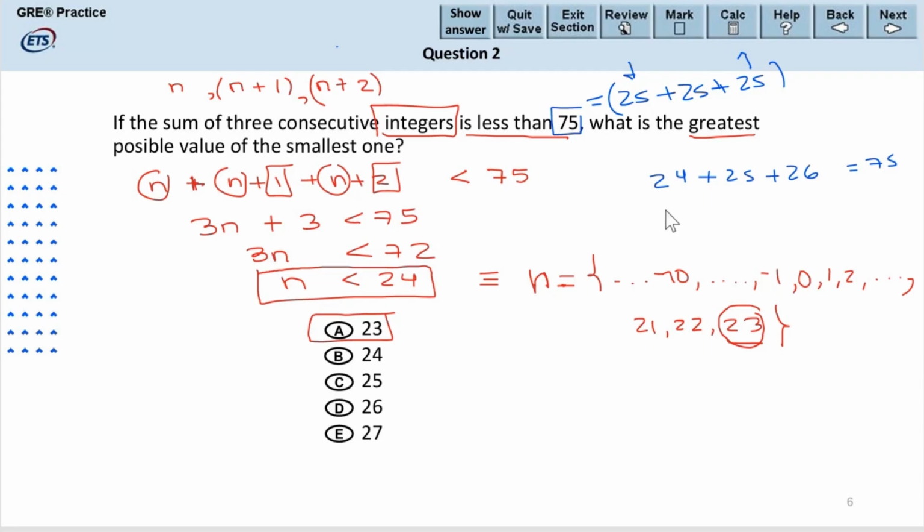But then I realize that I need 3 numbers that have a sum less than 75. So I start thinking, okay, if we want a sum less than 75, I couldn't have these 3 numbers. We would have to decrease them. But to decrease one of them means decreasing the other 2 because they have to be consecutive.